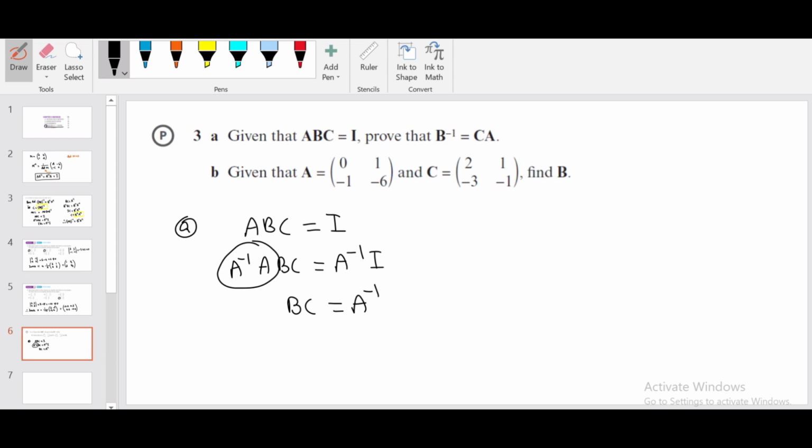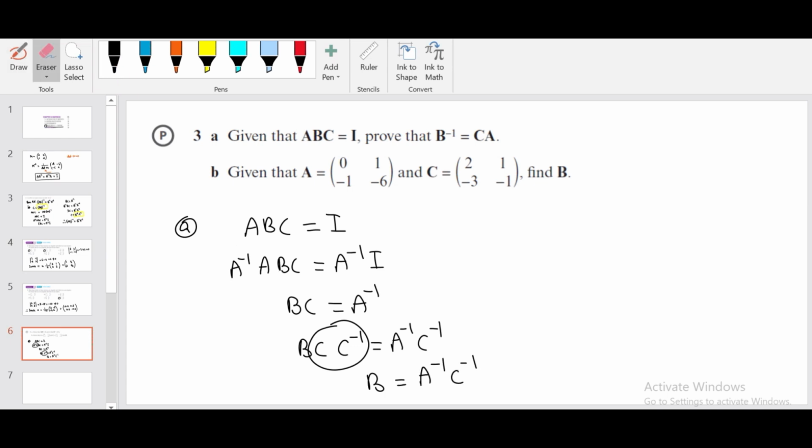I'm going to multiply both sides by C inverse now. BC C inverse is equal to A inverse C inverse. So this becomes I also. So you get B is equal to A inverse C inverse.